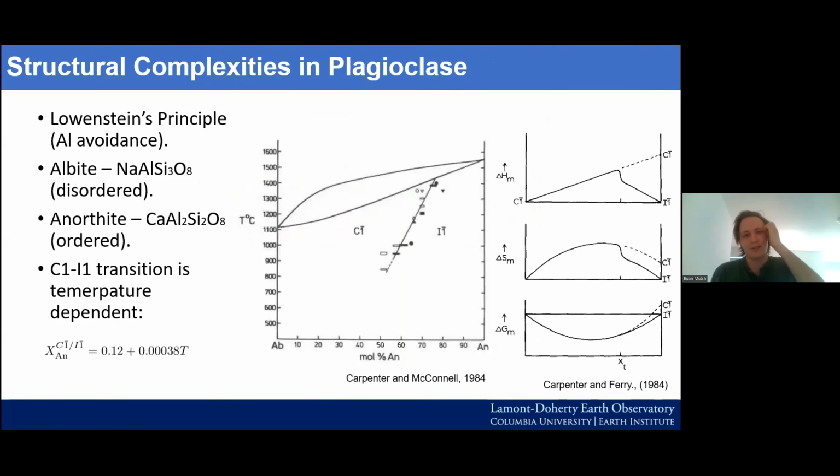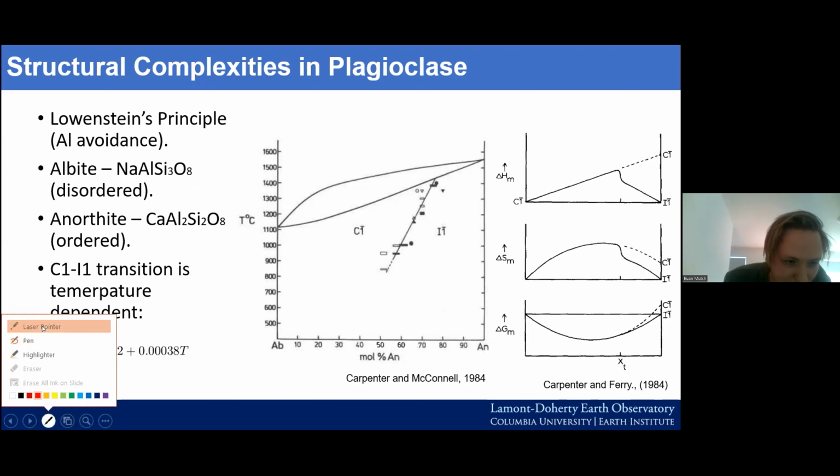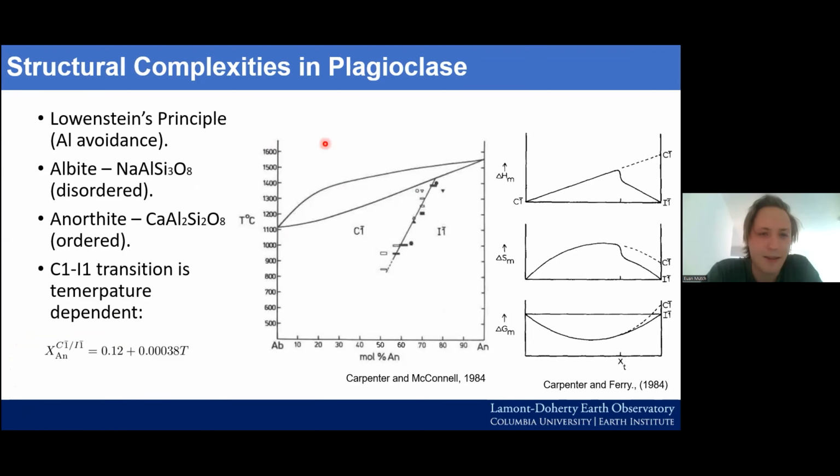But there are also additional complexities in plagioclase relating to its underlying structure. This mostly relates to how aluminium is ordered within the structure. According to Loewenstein's principle, aluminium doesn't like to be next to other aluminiums.